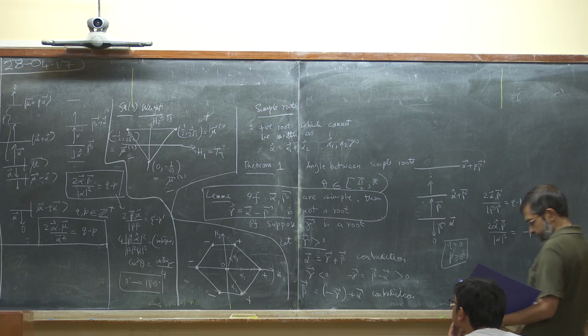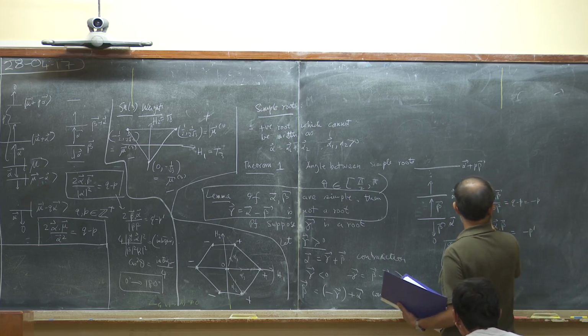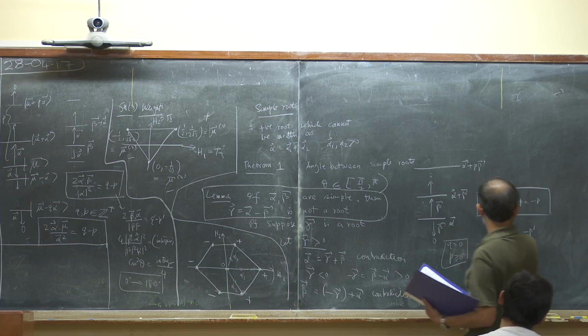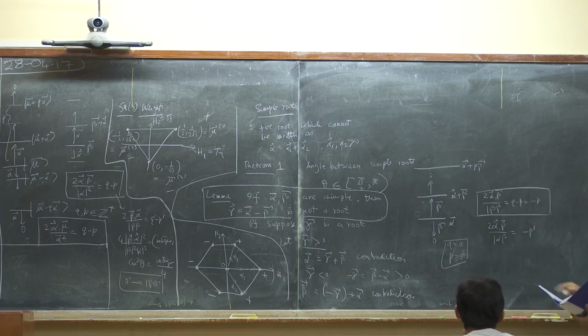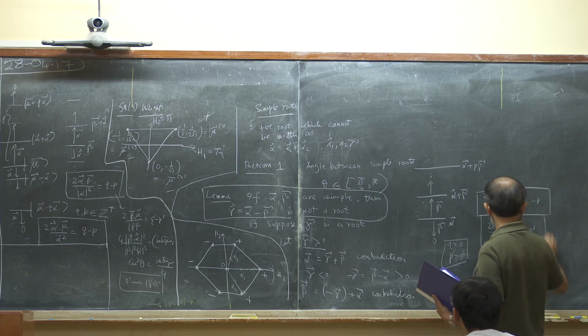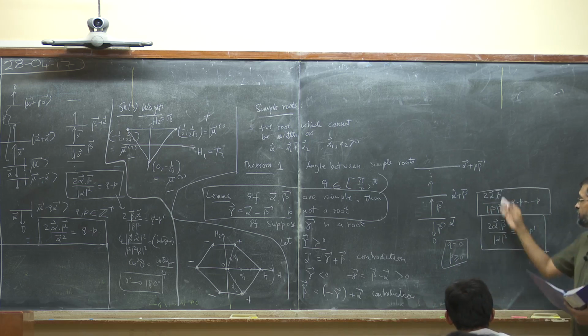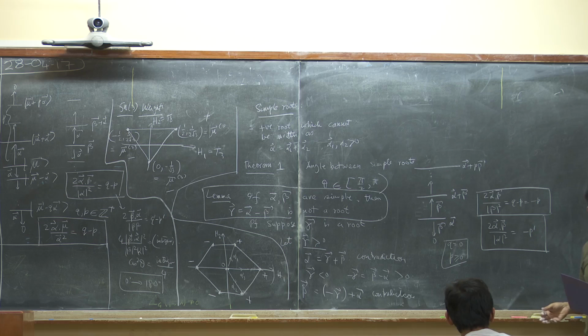These are the two results that I got: this combination has to be a non-positive integer and this combination has to be a non-positive integer, and we will try to construct solutions of these things in specific situations.